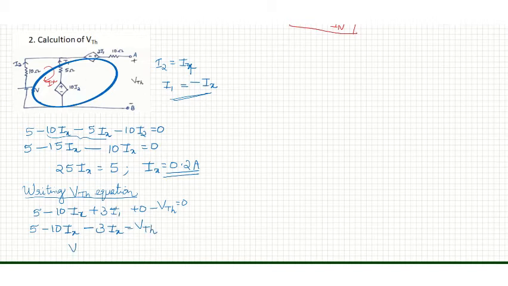So we will get Vth is equal to 5 minus 13IX. IX is 0.2, so Vth is equal to 2.4 volt.